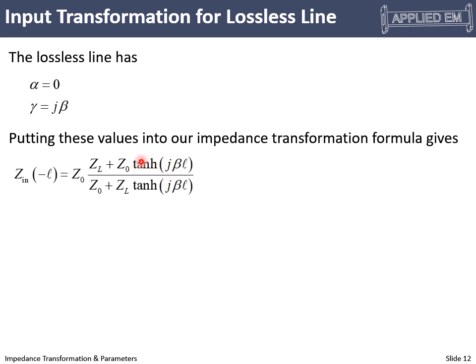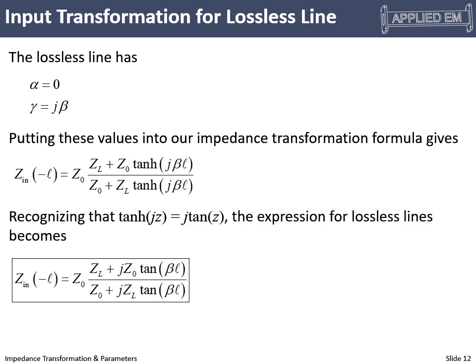Well, a hyperbolic tangent of a complex number actually reduces to an ordinary tangent. So the definition is hyperbolic tangent of jz equals j times the ordinary tangent of z. So that converts our input impedance equation to this for lossless lines.